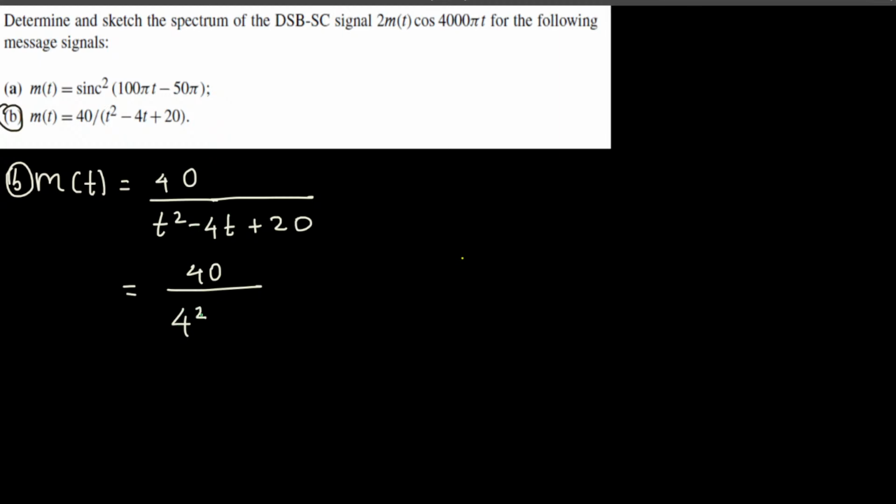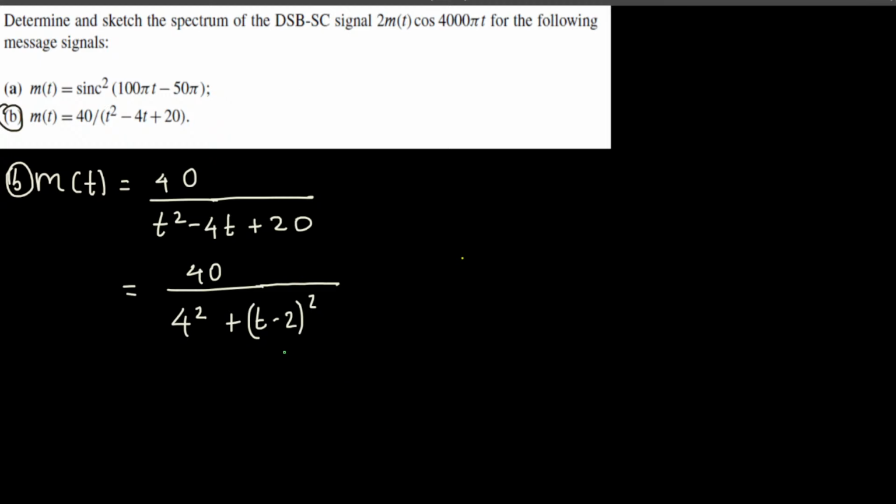We can make the denominator a perfect square by doing this: 4² plus (t minus 2)². So that will make (t plus 2)(t minus 2), and if you multiply this, you will get this back.